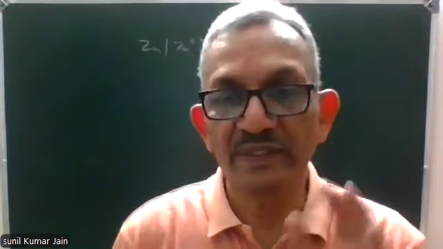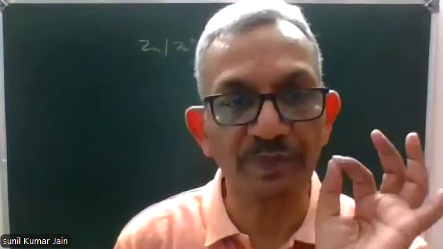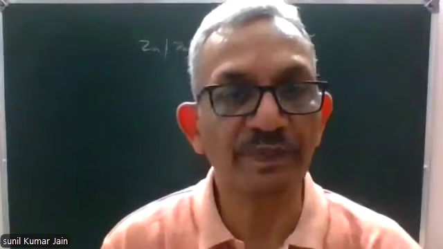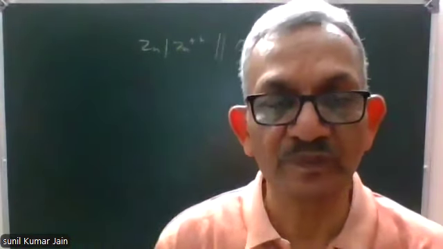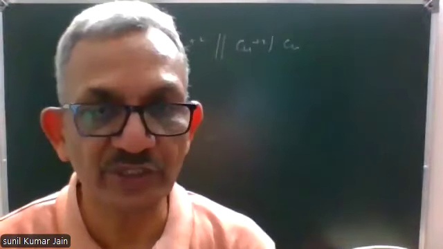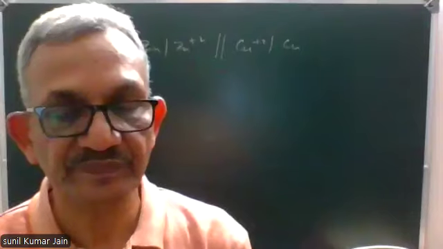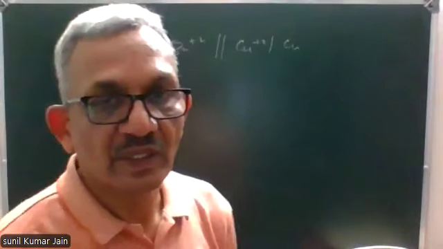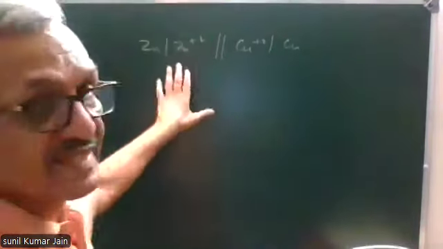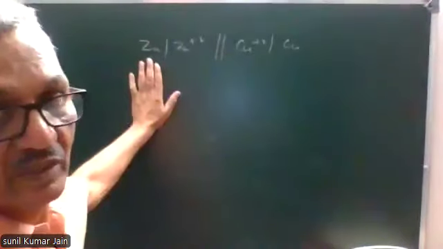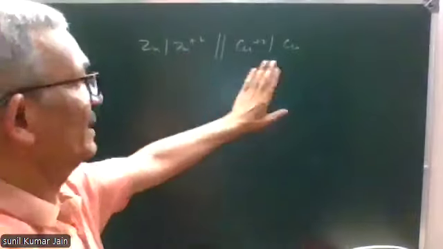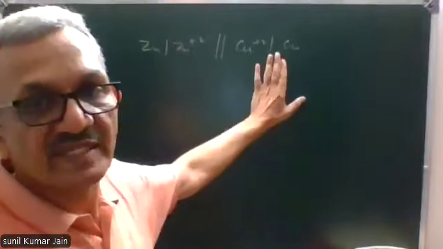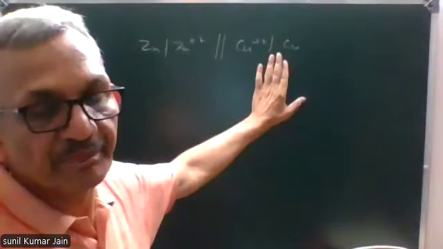Now, for today, one more very, very small topic, right on the heading, concentration cell. Look here on the board, there is a cell written on the left hand side, that is anode is zinc electrode or zinc redox couple, and cathode is copper couple.